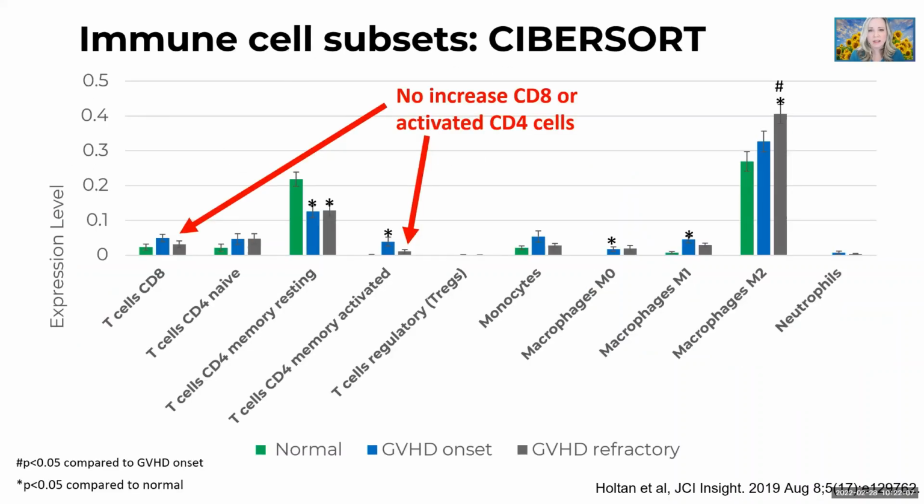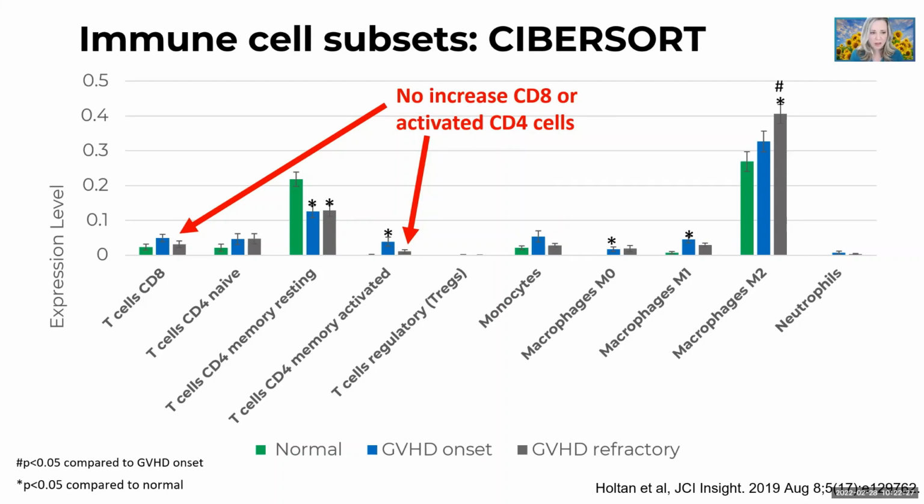The first analysis that I want to show you with that RNA-seq study is immune cell deconvolution using a tool called CIBERSORT. We're going to be comparing these three groups of patients: normal controls in green, GVHD onset in blue, and refractory GVHD in gray.